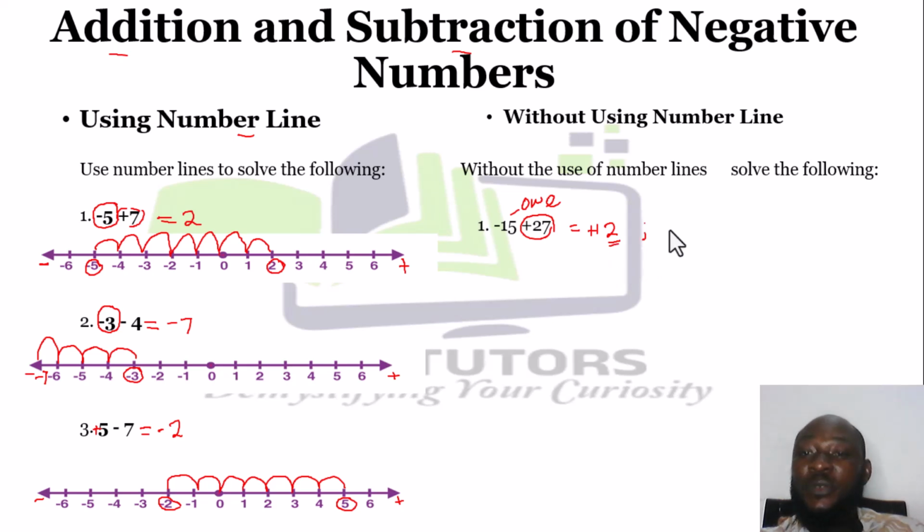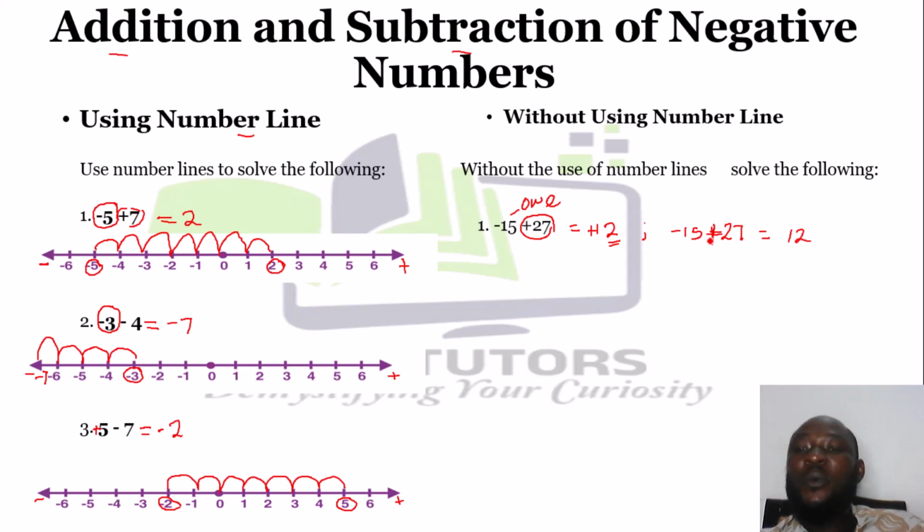Okay, let us look for another way. Minus 15 plus 27. A negative sign here and a positive sign. So when you have opposing signs like this, what you are expected to do is to minus. Now, after minusing, so what's our answer here? 27 minus 15, you have 12.